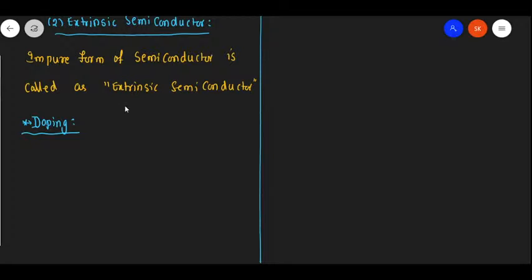Similarly, an intrinsic semiconductor is the pure form of semiconductor. In that, some current will be generated. To increase the amount of current in the semiconductor, we have to add some impurities.